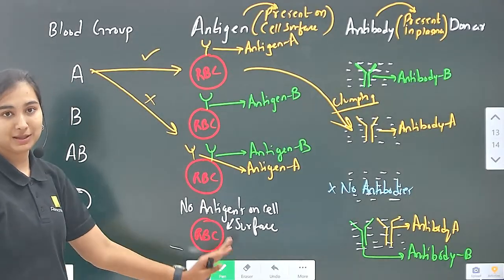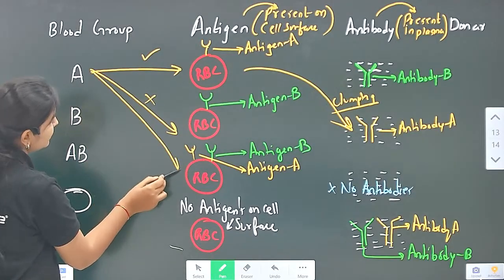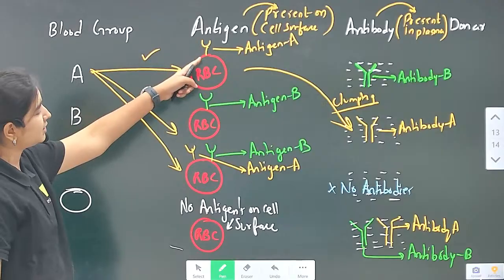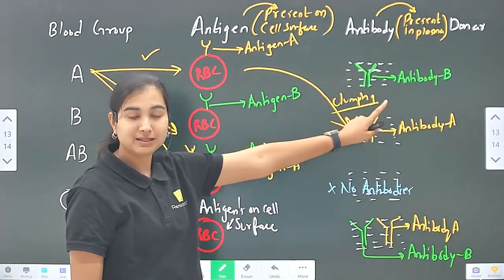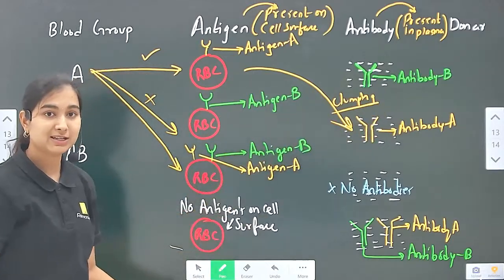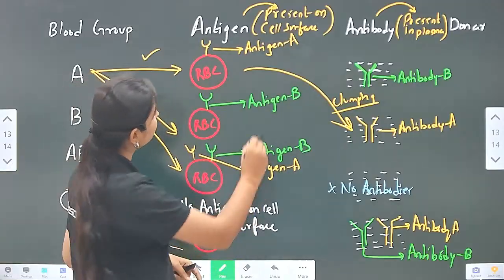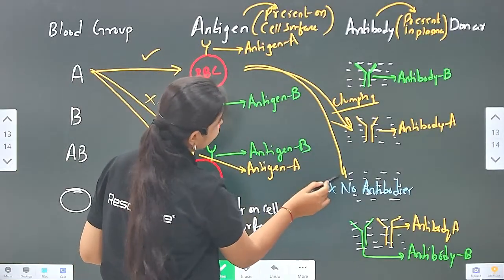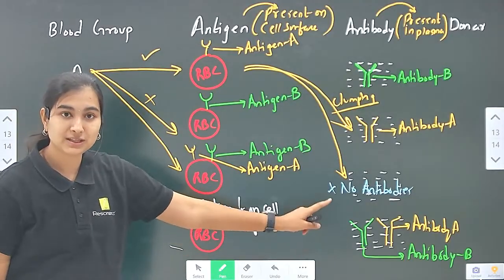What about the AB? Now see, what is the antigen present on A? The antigen present is A, and the antibody present is B there. But can it donate? Now for example, if the antigen A is going into the AB blood in the body, what is present in the plasma?